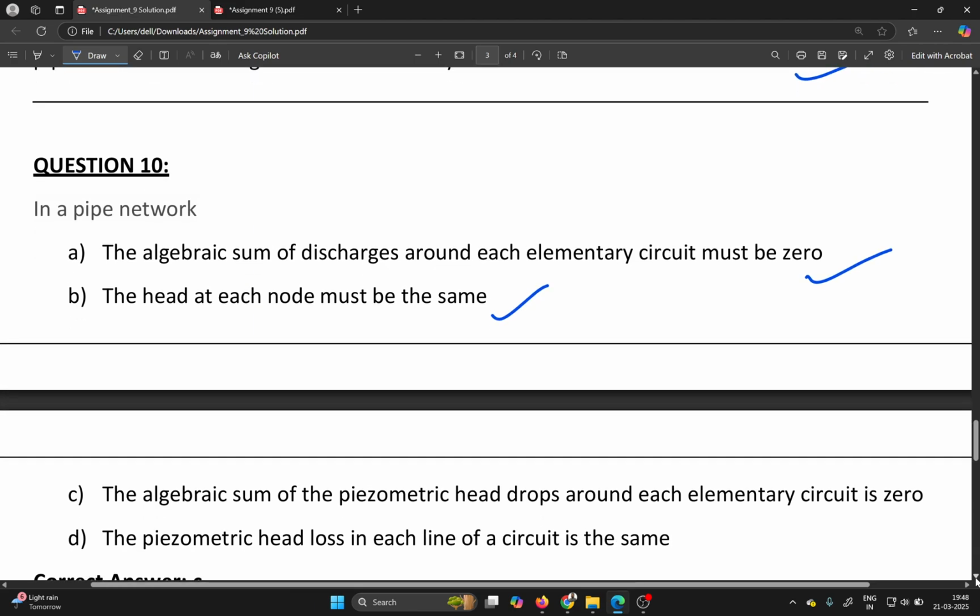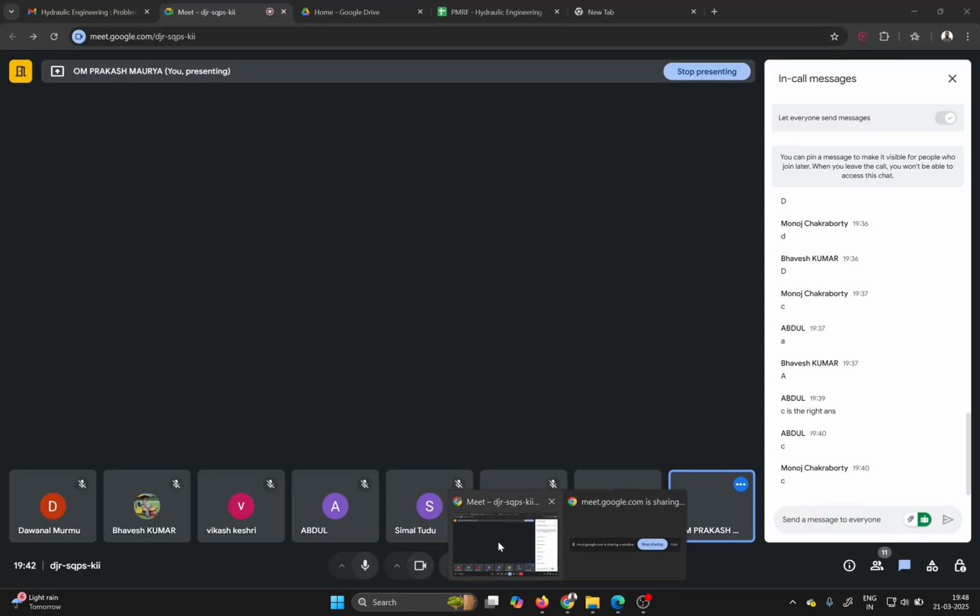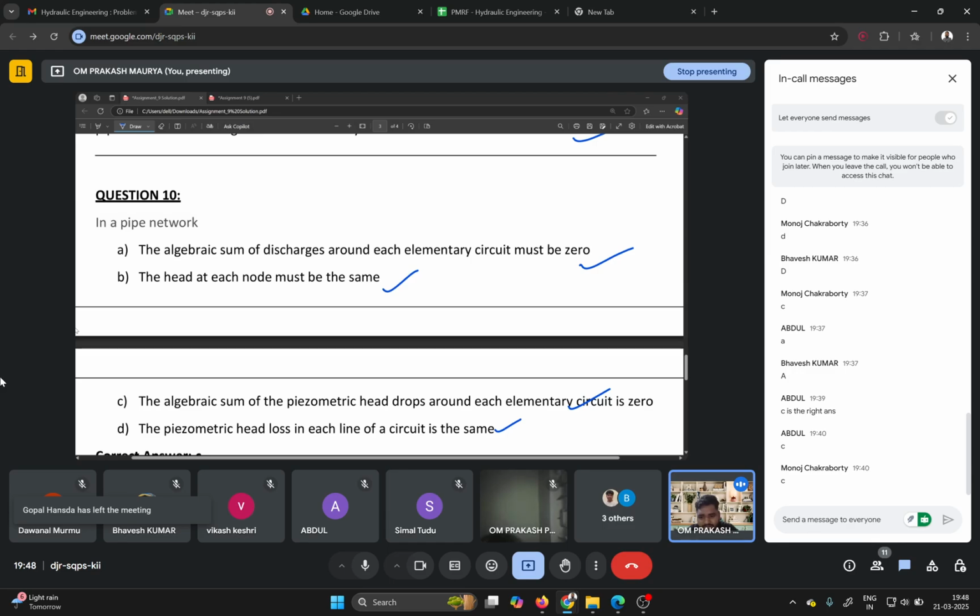And option D: the piezometric head loss in each pipeline of the circuit is the same. Which option will be correct for question number 10? Everyone please try to participate and write your answer for question number 10.